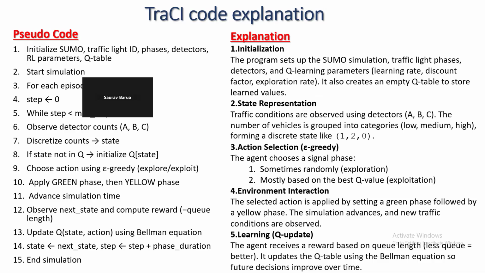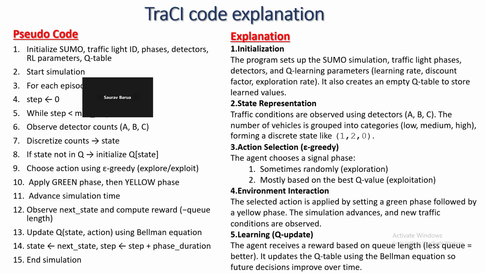Action selection: I use epsilon greedy, and this action means the agent will choose the signal phase, sometimes randomly, which is exploration, and mostly based on the Q value, which is exploitation. So both exploration and exploitation methods are used. For environment iteration, I use green phase followed by yellow phase, and the simulation advances and the new traffic condition is observed.